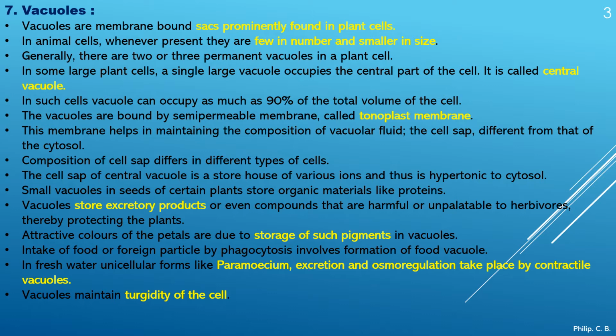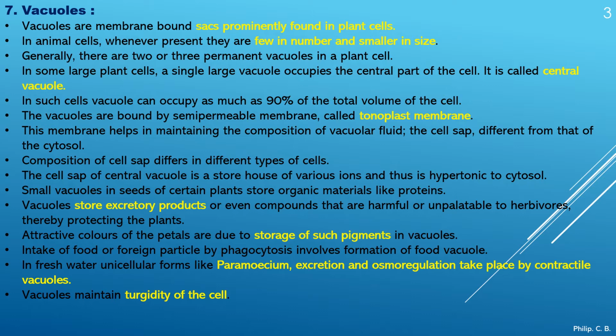Generally there are two or three permanent vacuoles in plant cell. As we have seen, the permanent vacuoles in plant cell are very prominent, present in the central part. In some larger plant cells, a single large vacuole occupies the central part of the cell. It is called the central vacuole, which we very commonly see in an image of plant cell.